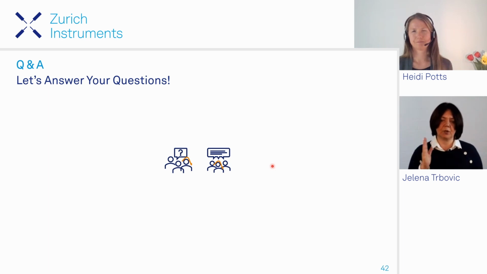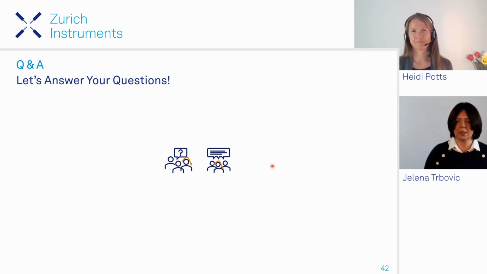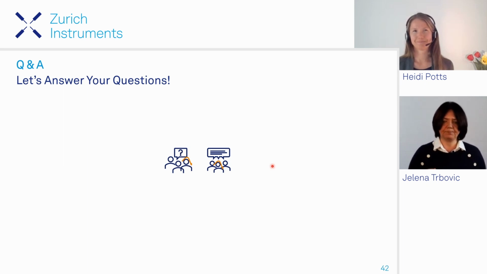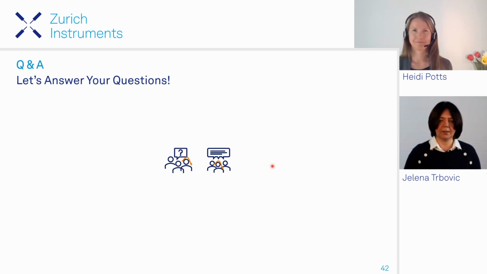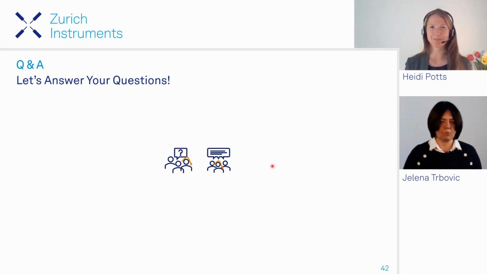In any case, you have to synchronize your filter settling time and the speed. This is done automatically within the sweeper that Heidi just mentioned, but you can of course also control it yourself and choose different values. So we have several settings.